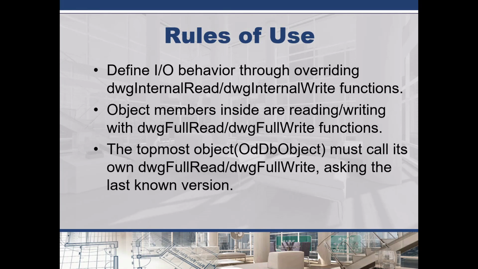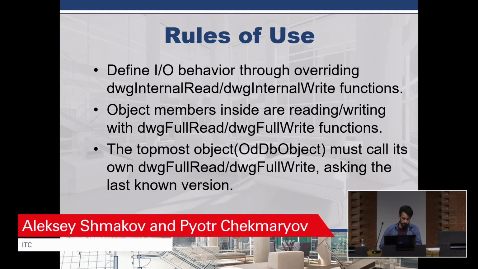So many terms and concepts. Is it really easy to use? Well, there are three main rules in usual practice. First, define input-output behavior through overriding the dwg internal read and dwg internal write functions, even for the topmost object, also known as auto object. This is basically a naming convention.